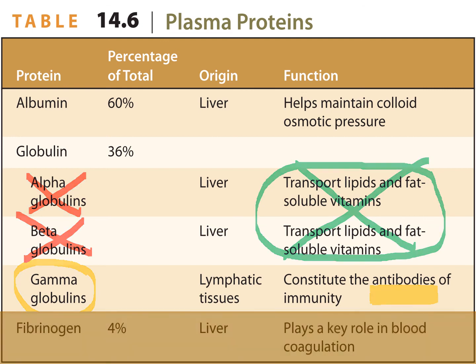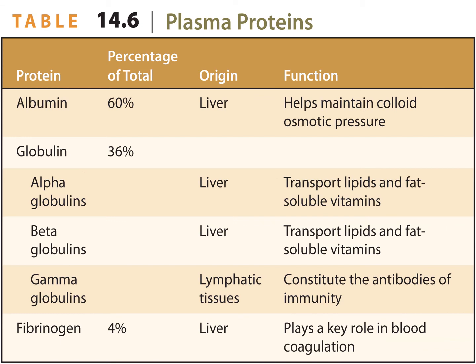And then the protein I want to talk a little bit about is called fibrinogen. It's certainly not a super abundant protein. Only about 4% of plasma proteins are of this type, but it plays a really critical role in blood clotting or blood coagulation. And again, we'll get into that coming up in the next voiceover.